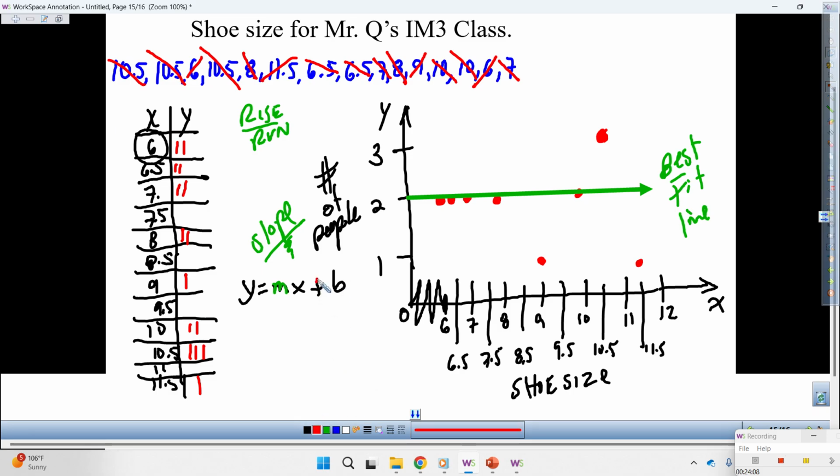And the b, I'm going to put that plus b, is known as my y-intercept. Y-intercept. Without the last s, y-intercept. All right. Looking at my green line, where is that line intersecting the y-axis? Tell your neighbor. It's intersecting at what? At 2. So I would write plus 2.